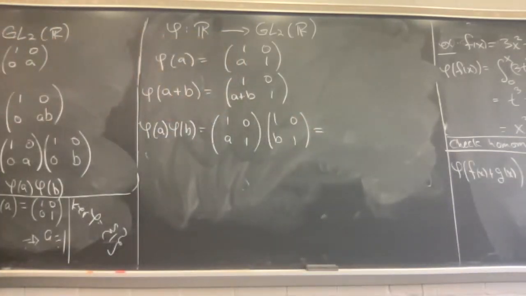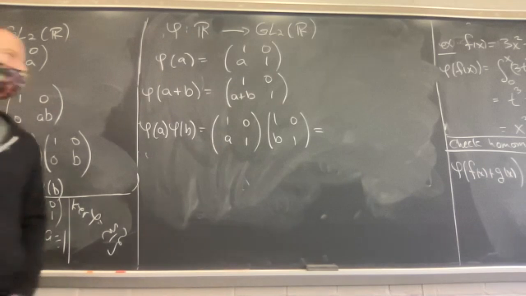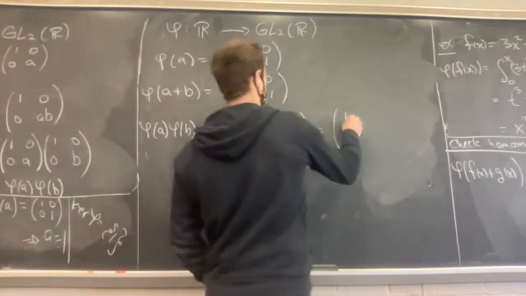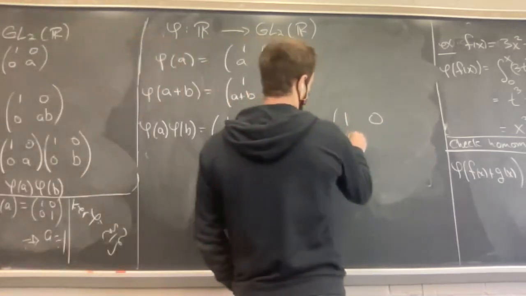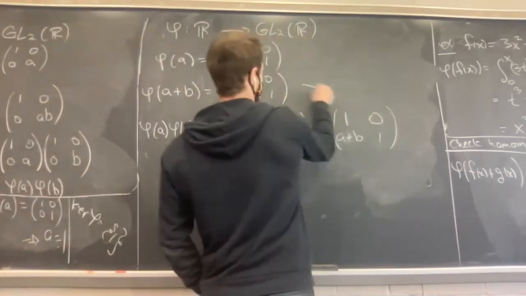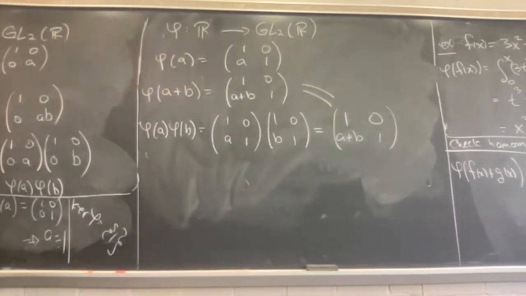If we multiply those, we get 1 here, a 0 here, and then A plus B here. So it is a homomorphism. So we're good again.